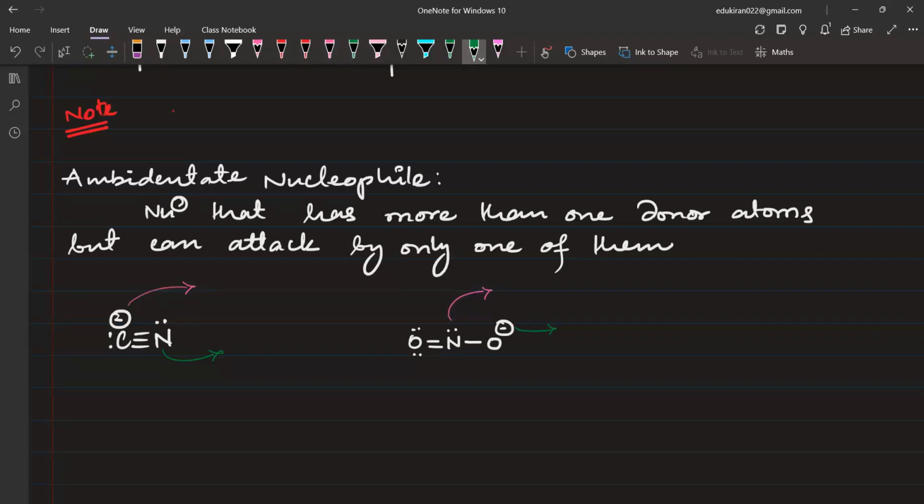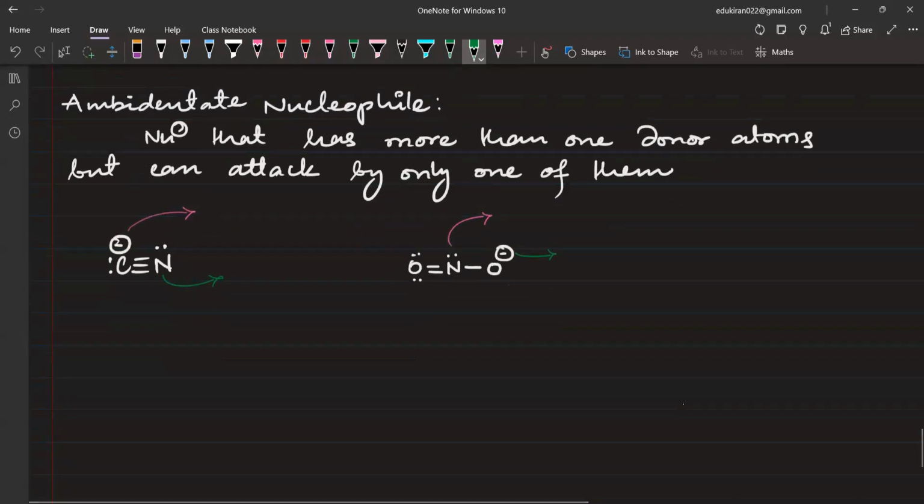But still we can say that दोनों की probability है, oxygen की भी और nitrogen की भी. ठीक है? So the cyanide nucleophile and the nitro NO2 negative, both of them have more than one donor atom, है ना? एक से ज़्यादा उसमें donor atom होते हैं. ठीक है? These are known as ambidentate nucleophile.